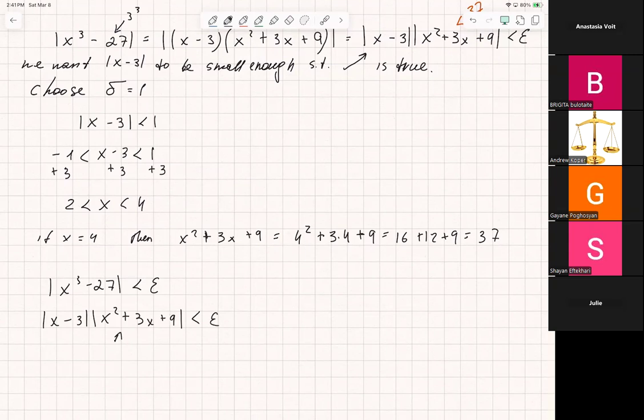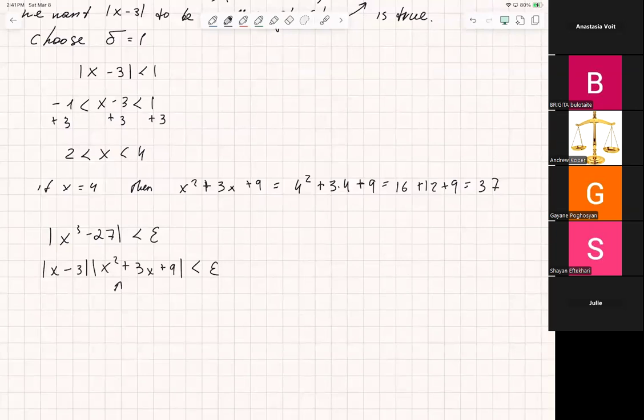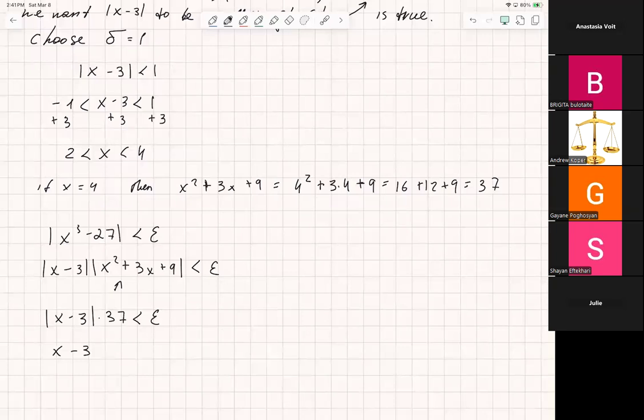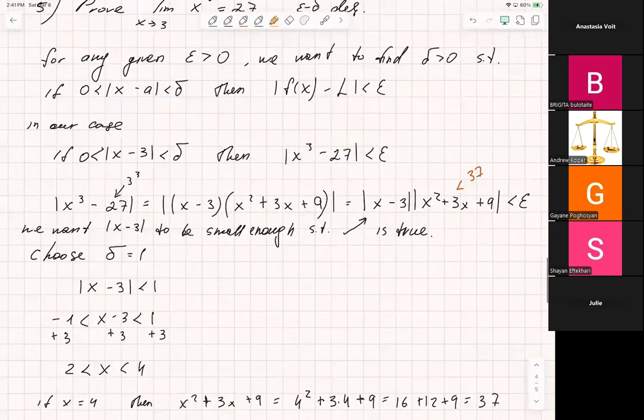And we have a boundary on this second factor, so we have x minus 3 times 37 less than epsilon. We can divide by 37 on both sides, and we have absolute value of x minus 3 less than epsilon over 37. So now we have this boundary.